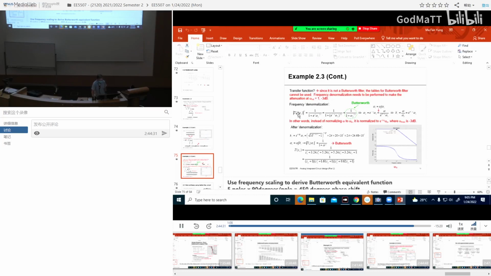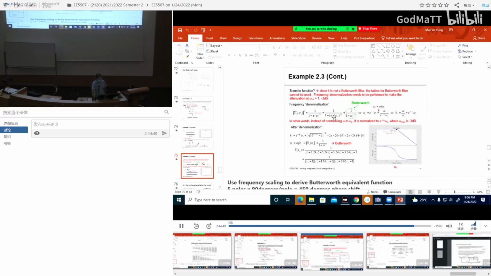Basically we know that it's a maximally flat response, so it's this equation with epsilon. And then we do some substitution, where we define omega d to be epsilon 1 over n times omega n. So we do this substitution to transform this transfer function, which is not Butterworth, to a new transfer function, which is Butterworth, but now with some frequency substitution.